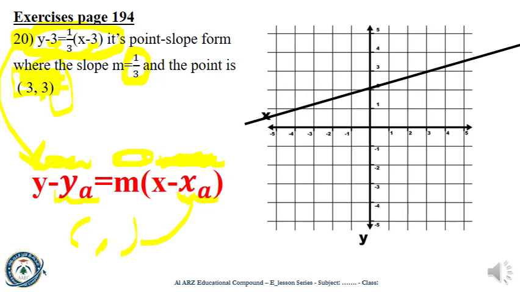So starting from this point, 3, 3, that's our point, I'm going to count 1 step upwards and 3 steps to the right, 1, 2, 3. So you're going to reach this point, and if you connect these two, you will get the graph of this line.